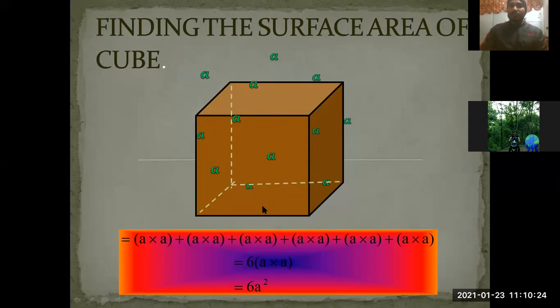There are 6 surfaces in the cube. So if we need to find the surface area of the cube, we need to find out the area of one square first of all. So the area of the first square is A into A, that is A square. Now there are total 6 surfaces, so the total area should be 6 into A into A. That means 6A square. So here is the formula 6A square, which is the surface area of the cube.